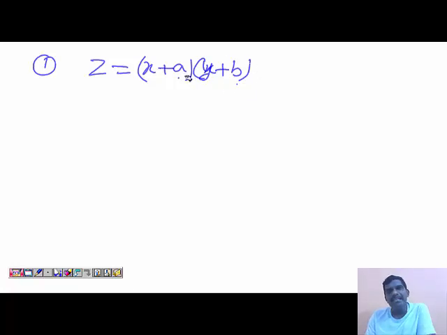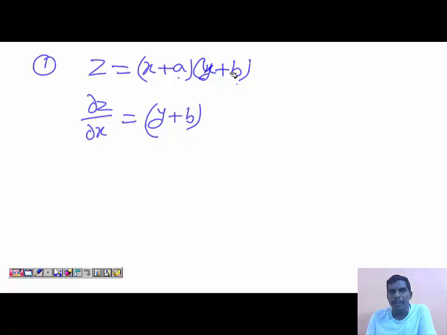We have to eliminate these two constants in terms of derivatives, by using the partial derivatives. Let us take dou z by dou x, that is, differentiate this equation partially with respect to x. When you are differentiating partially with respect to x, all other variables are treated as constants, therefore y plus b is a constant.